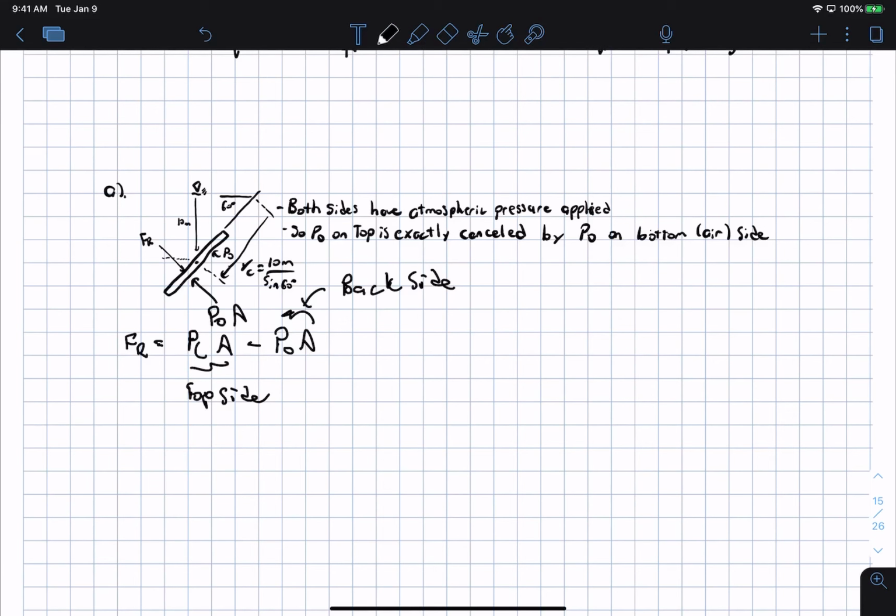Okay. And so this equals the pressure at the centroid, which is P naught times the area, plus rho g times the height at the centroid times the area, minus P naught times the area.